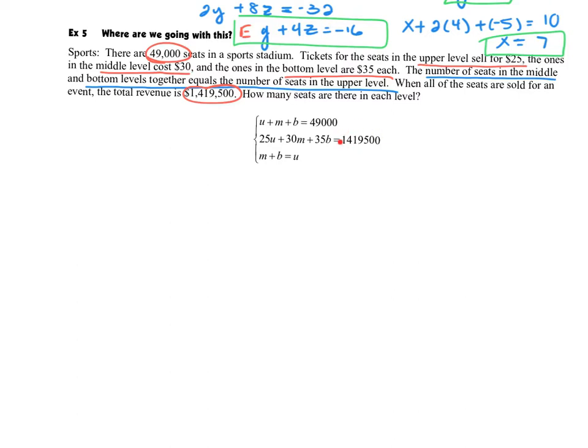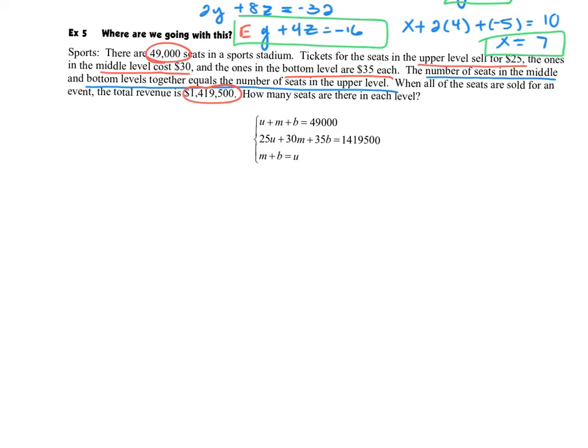This revenue number is also helpful, remembering the upper were 25 apiece, the middle seats were 30, and the bottom were 35. And then it also said right here that the middle and the bottom together equals, remember that's an equals, the upper.